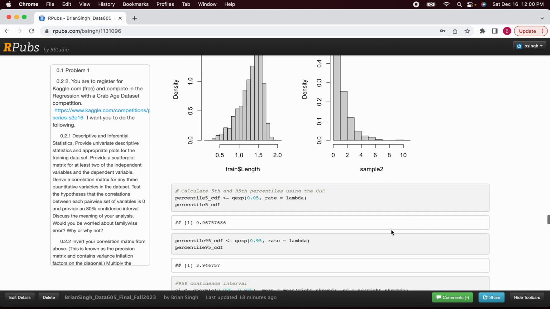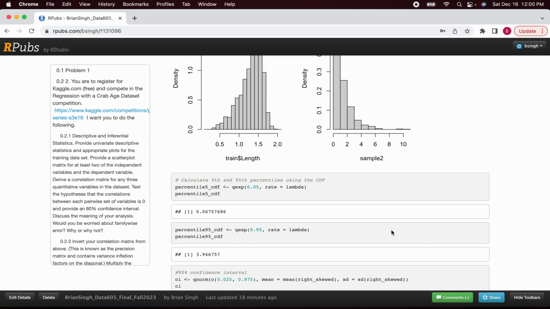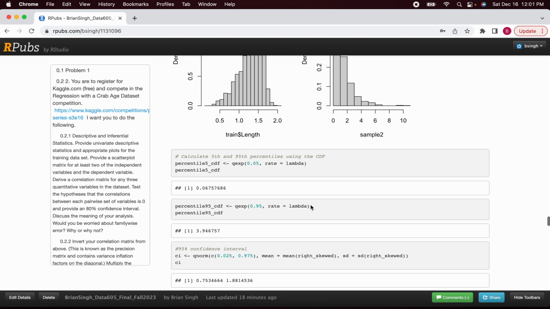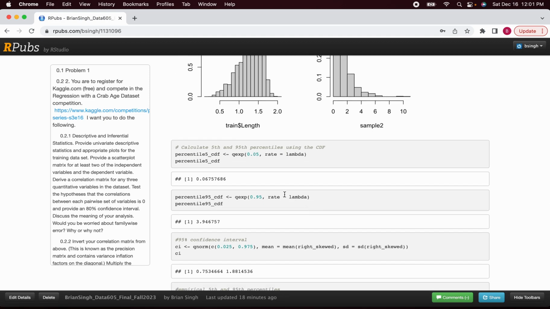So again, the problem wants us to use the exponential distribution to calculate the CDF, the percentiles for the CDF, which is the cumulative distribution function. Again, just using the rate from the exponential distribution, and calculating the 5th and 95th percentiles.